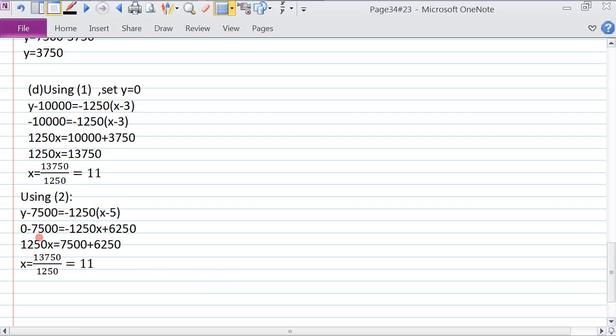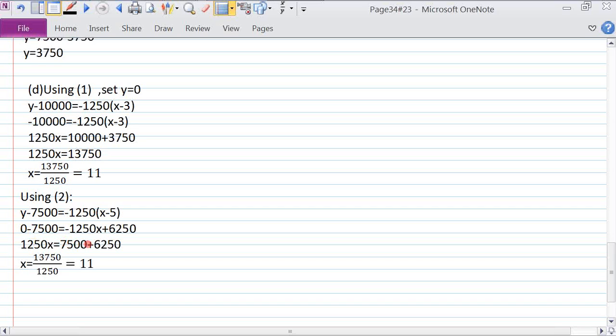We change the sign. We move the 7,500 from the left to the right. I don't know what I said before. Let me go back over there. This is minus 1250x here that we have on the right. We're going to move it to the left. We get plus 1250x, and we're going to move the minus 7,500, which is on the left, to the right.